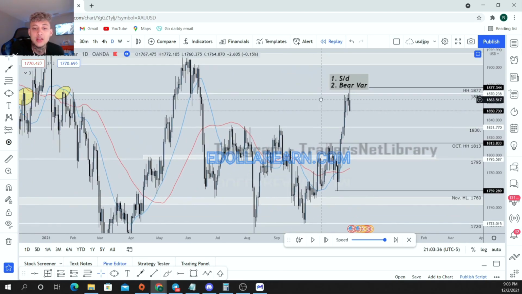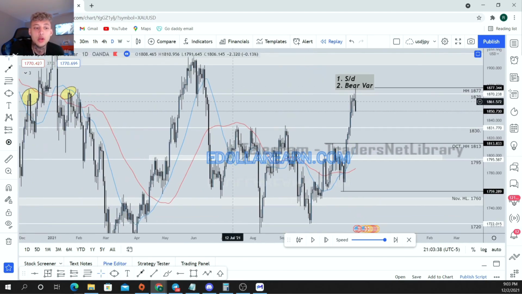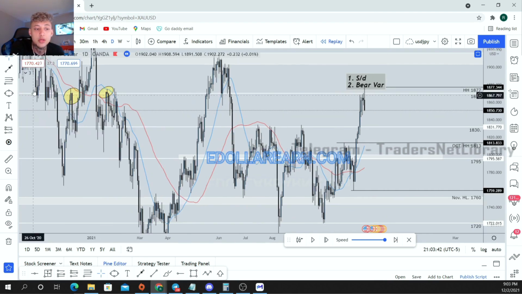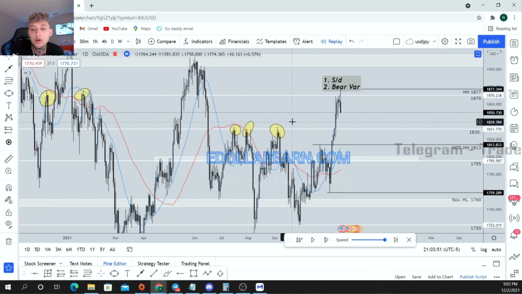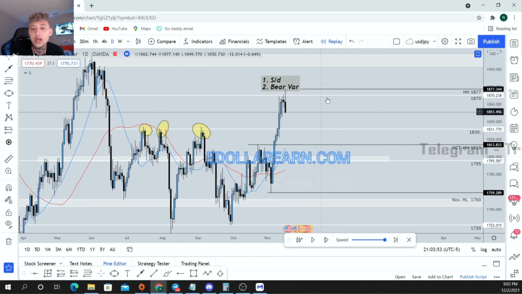Just go back to the daily time frame and look at the bigger picture. We have resistance and support here. All you simply have to do is look left and find the nearest level of support, the nearest level of resistance, which is right here. So we've already identified that price is trading around 1870 and has a probability of coming to 1830.